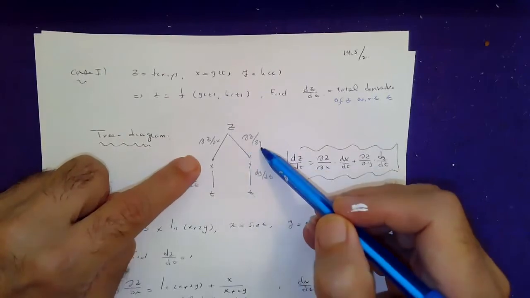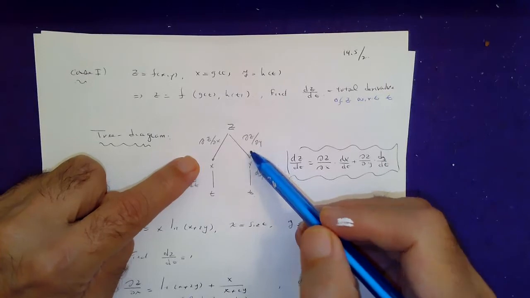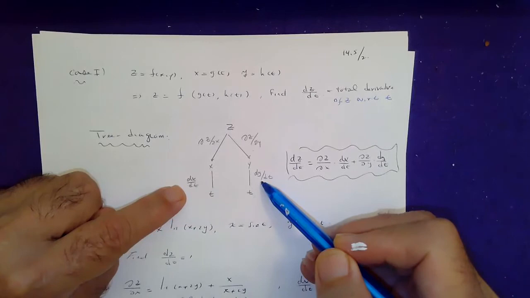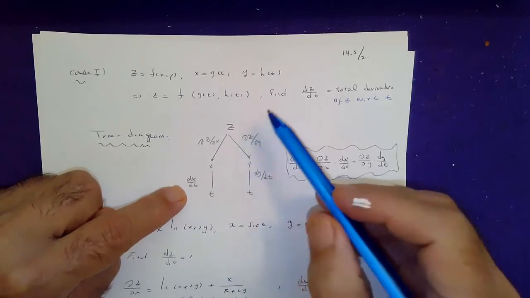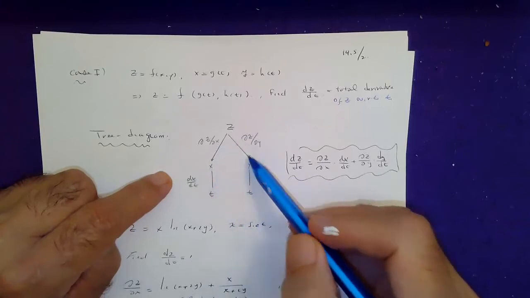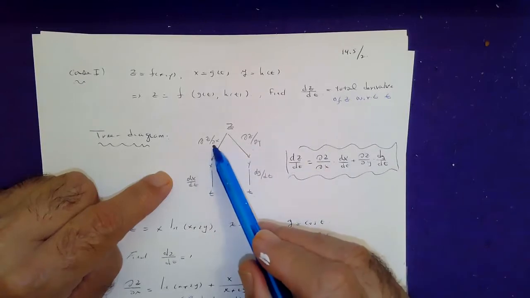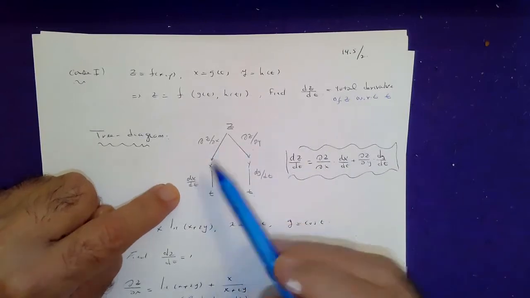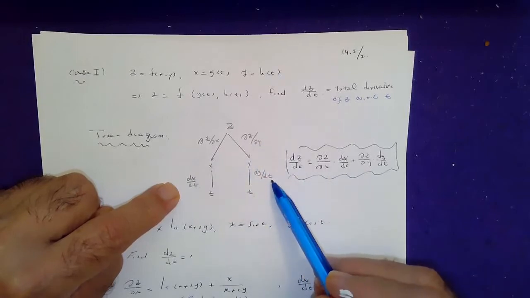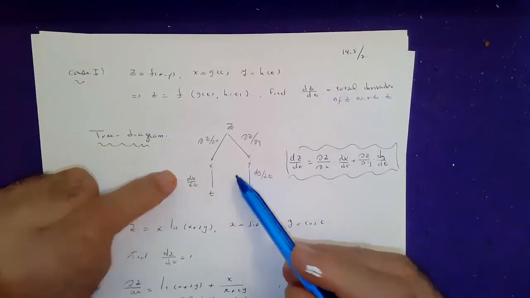Because z is a function of multiple variables, these branches are partial derivatives. But each of these is a function of a single variable, so these are total derivatives. So to find dz/dt, I have to multiply these branches and add the results. In other words, dz/dt is the partial derivative of z with respect to x times dx/dt, plus the partial derivative of z with respect to y times dy/dt. Notice the formula comes straight from the tree diagram.